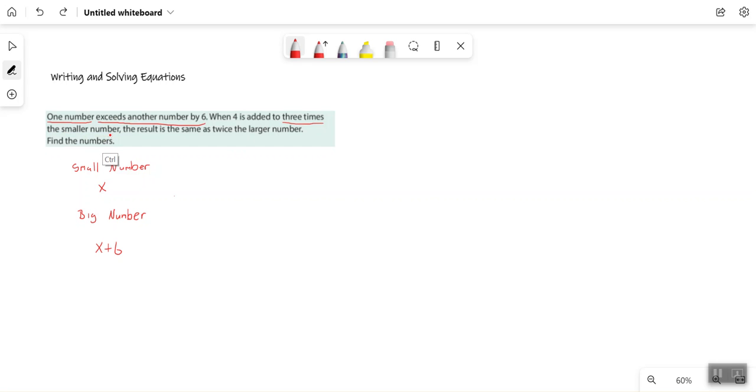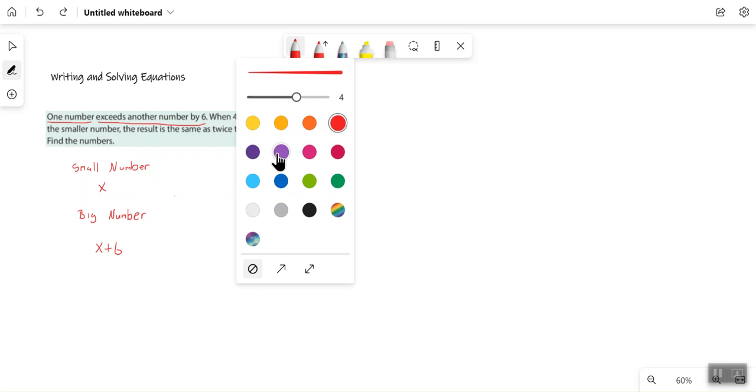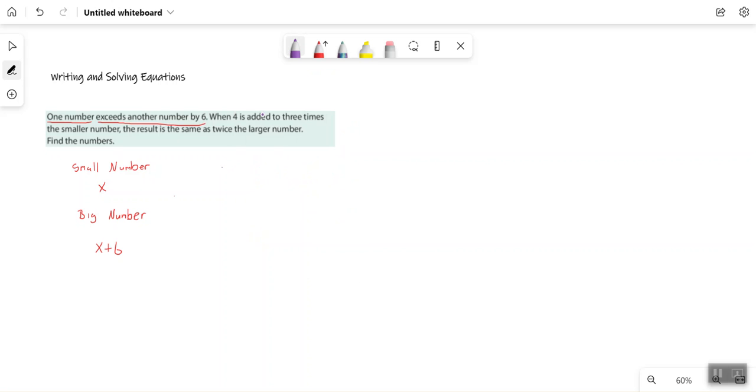Let me represent this with a different color maybe. So 3 times the smaller number. If the smaller number is x, then 3 times that is going to be 3x.